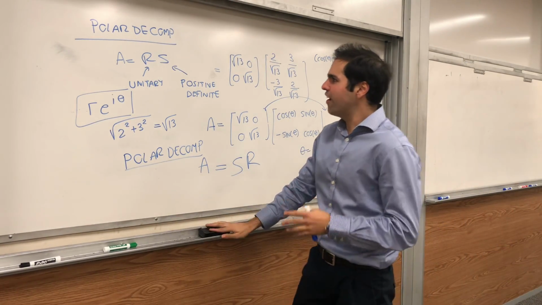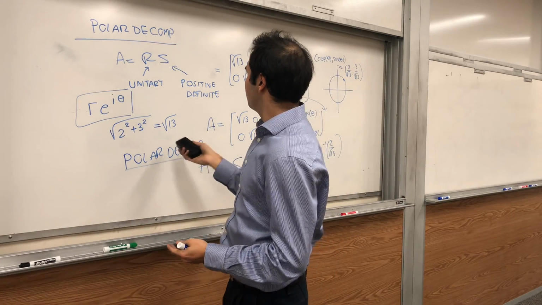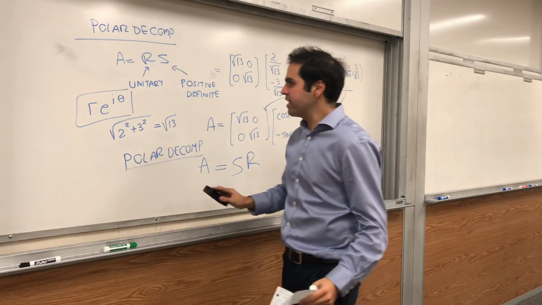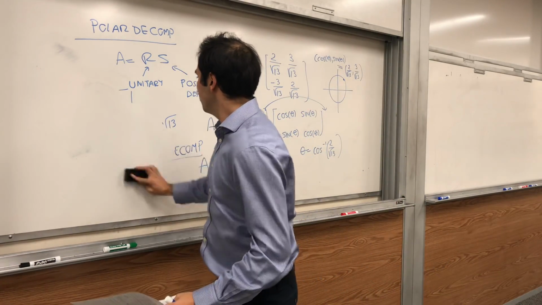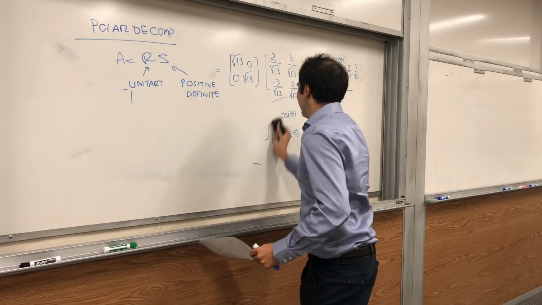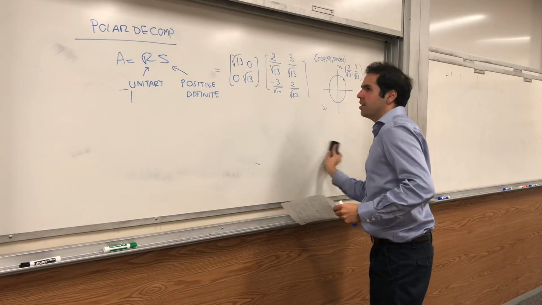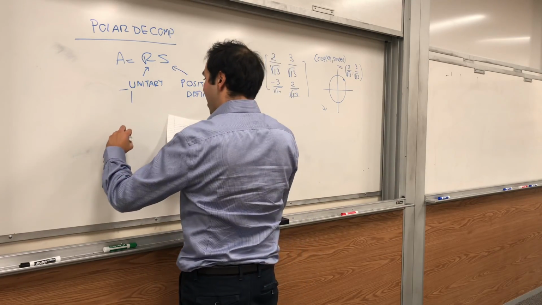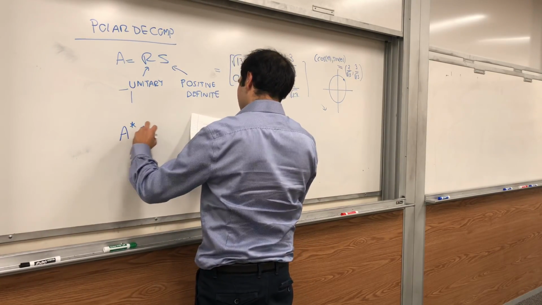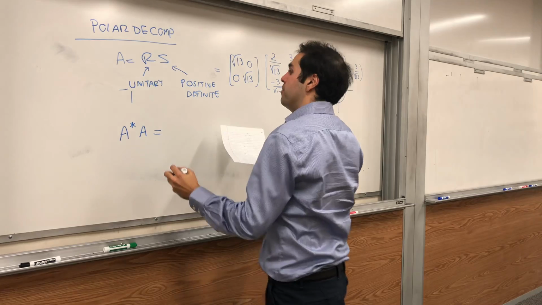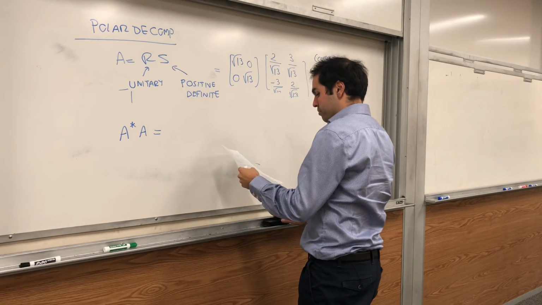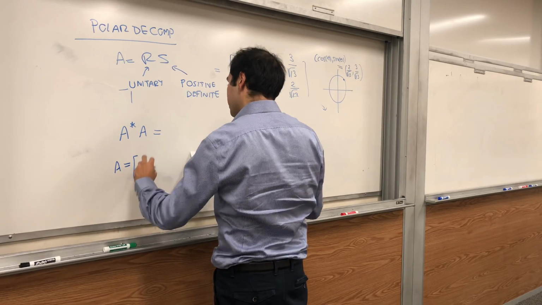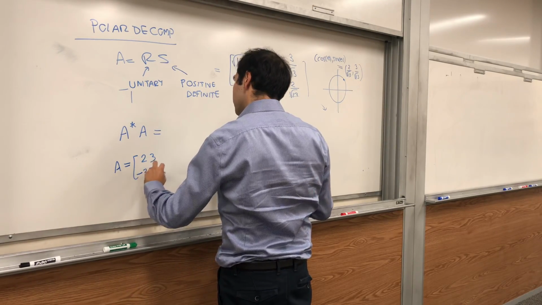And how do you find this S, the scaling matrix? Well, it turns out there's a nice formula. In this case, if you calculate A star A, remember A was the matrix 2, 3, minus 3, 2.